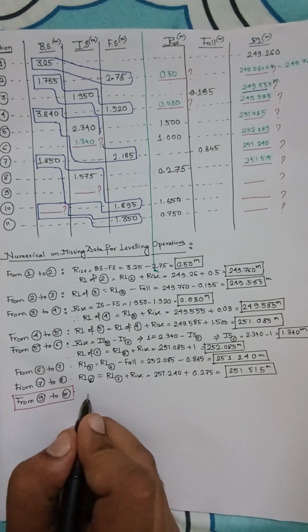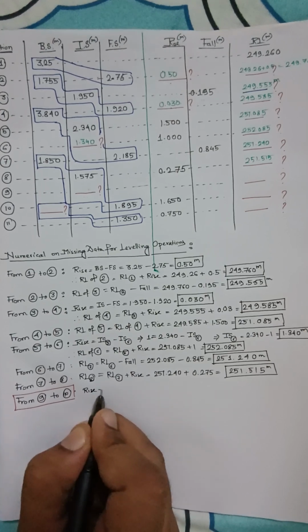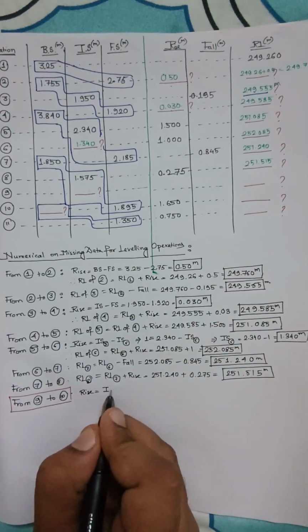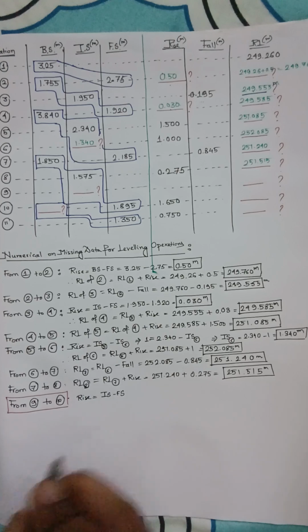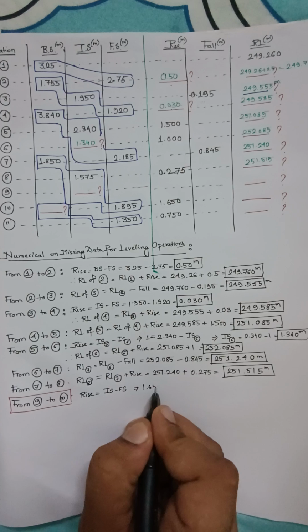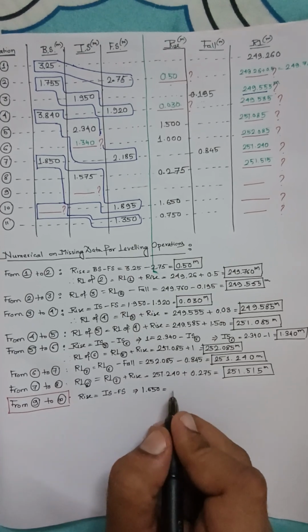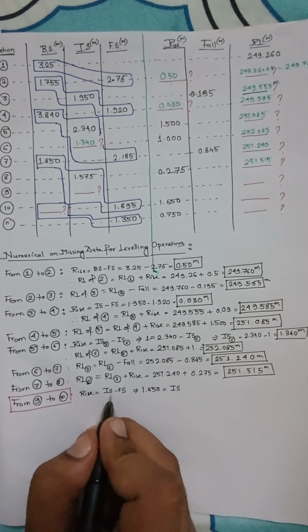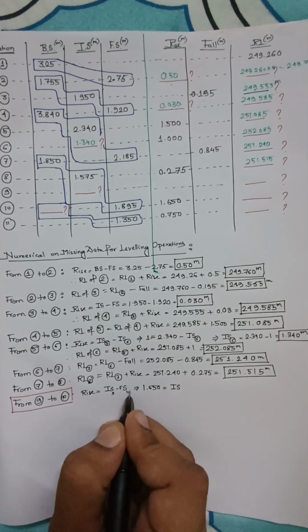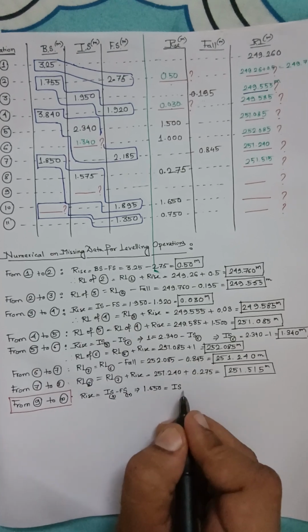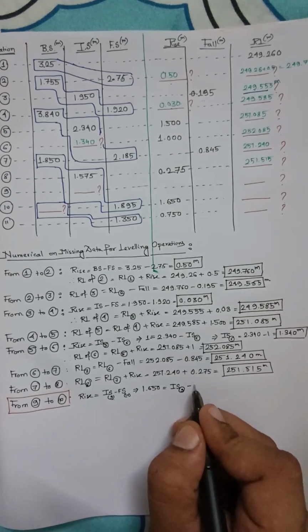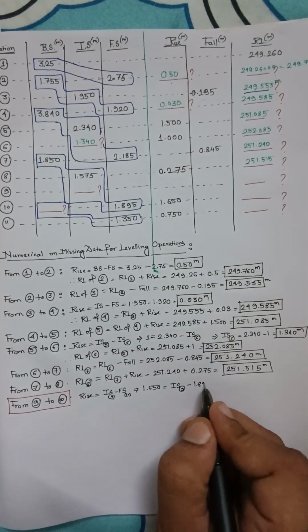So what is the rise? Rise will be equal to this minus this. So it is backsight minus foresight. We already know how much is the rise, which is 1.650, equal to, we do not know, HI at 9 minus foresight at 10, yes we know this one.